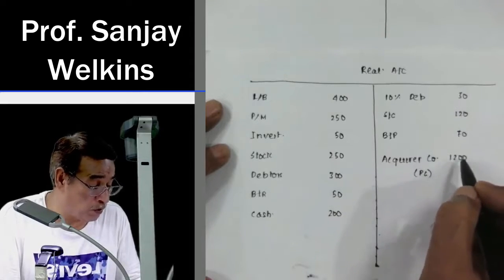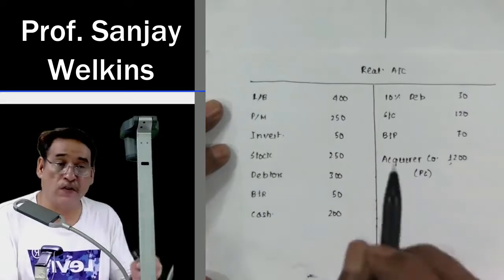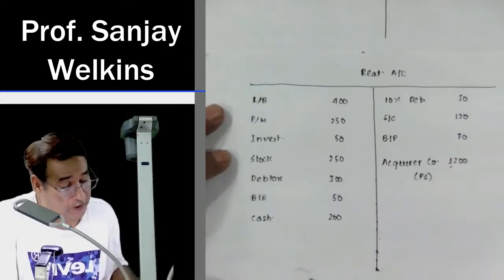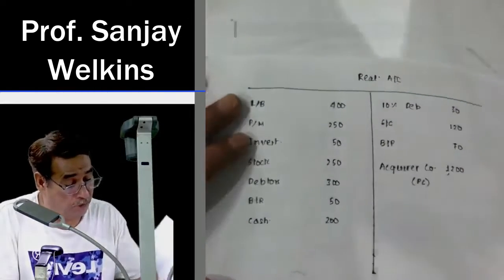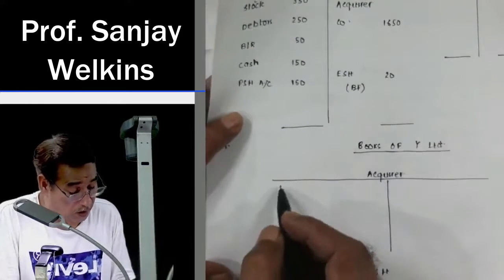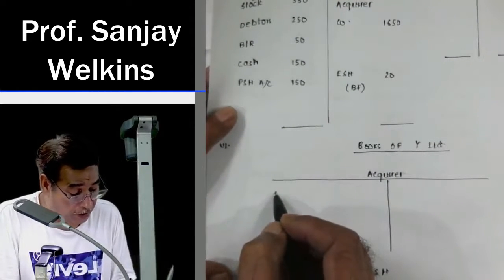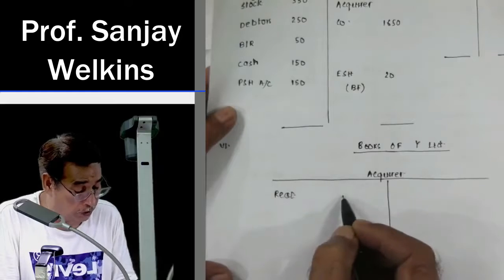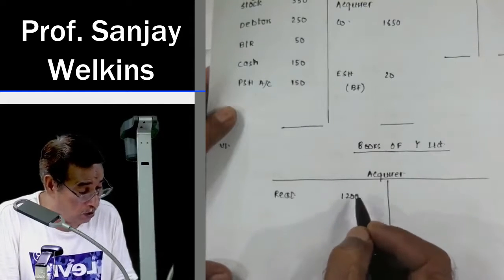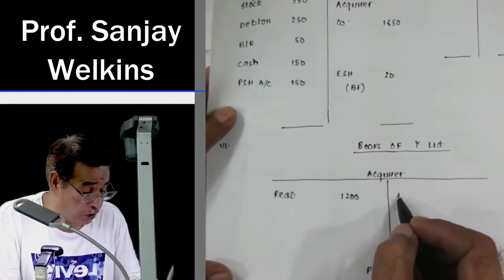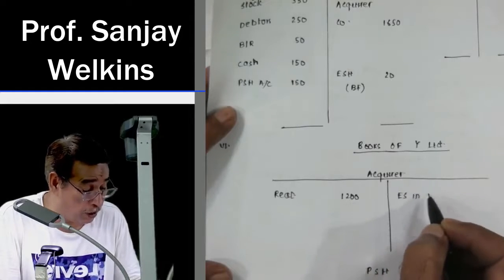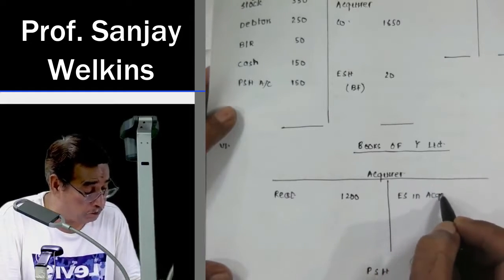Now, as far as purchase consideration of Y Limited is concerned, that is 1,200. Then we will take the amount to the acquirer and we will write here to realization 1,200. And we shall receive equity shares. We will write here equity shares in acquirer.